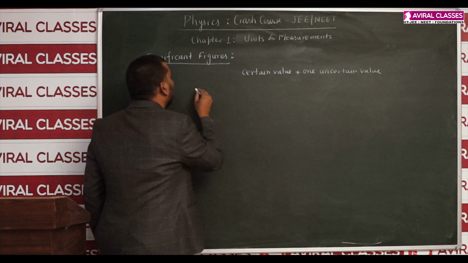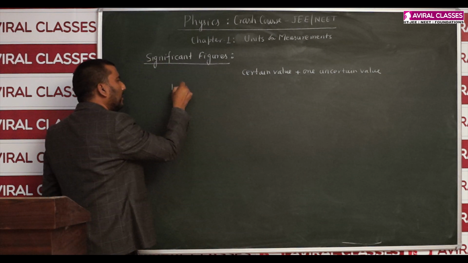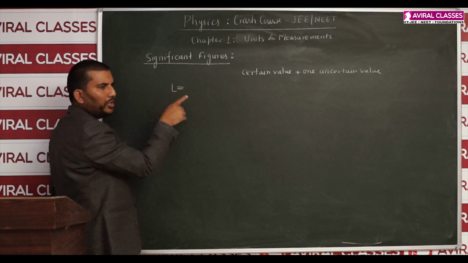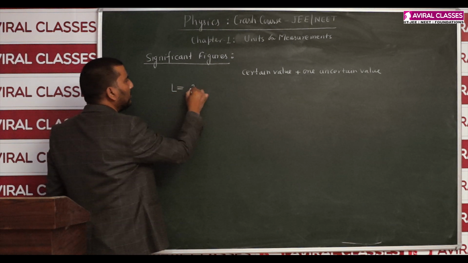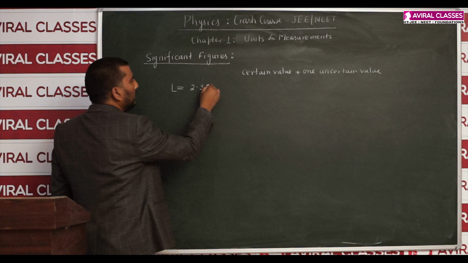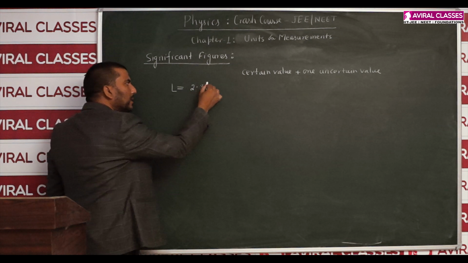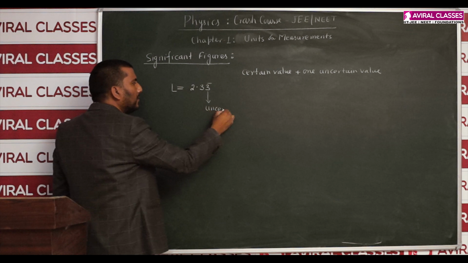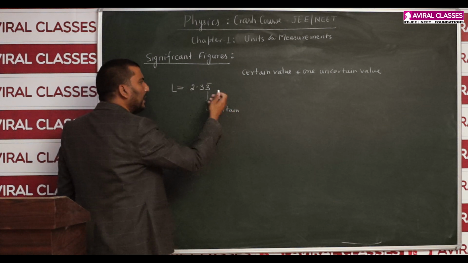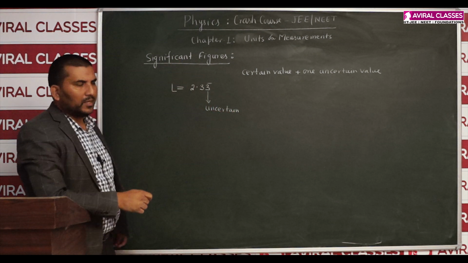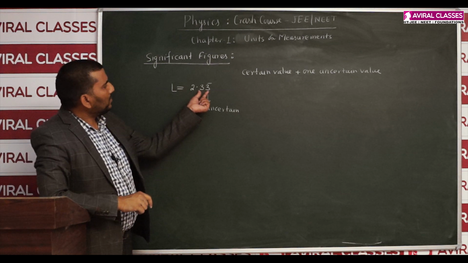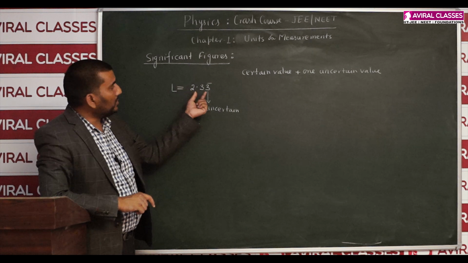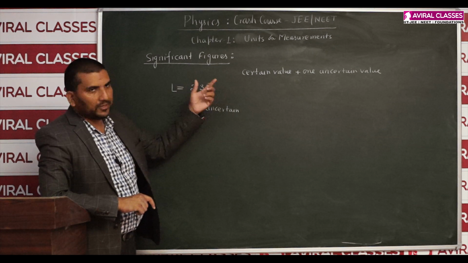Suppose we are measuring the length of a body through any instrument and it comes to 2.33, then this 3 is basically uncertain. It cannot be correct. It is used up to 2 places of decimal. If I use up to 3 places of decimal, it may differ.